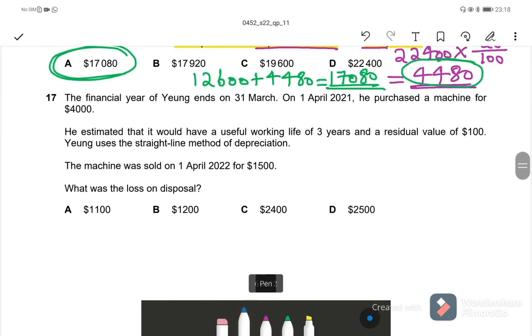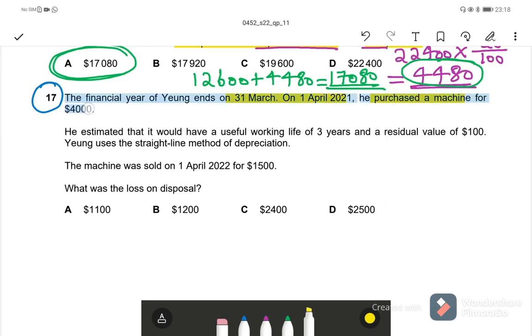Next, question number 17. The financial year of Jung ends on 31st March and on 1st April 2021 he purchased a machine for the cost of $4,000. He estimated that it would have a useful working life of 3 years.